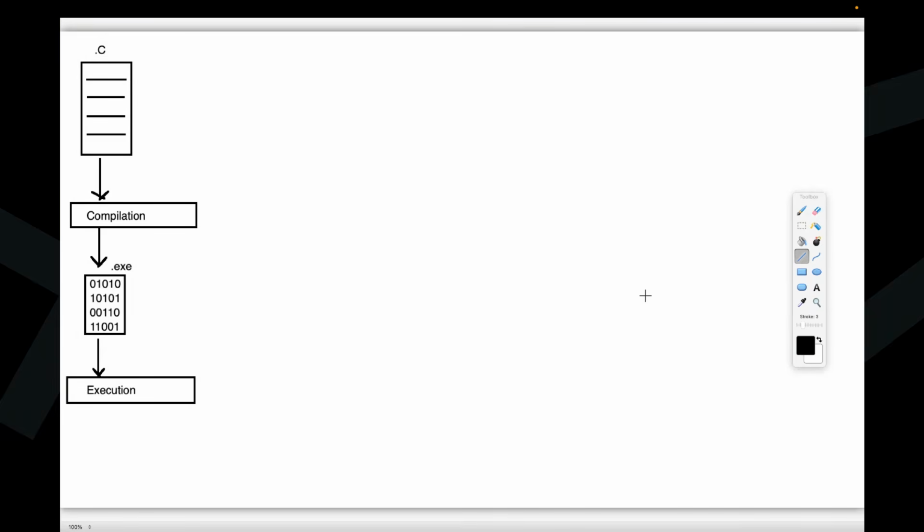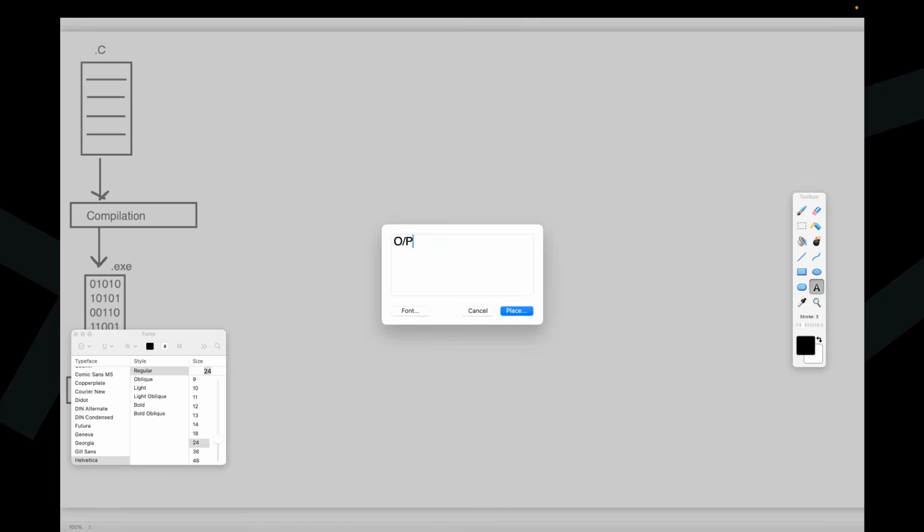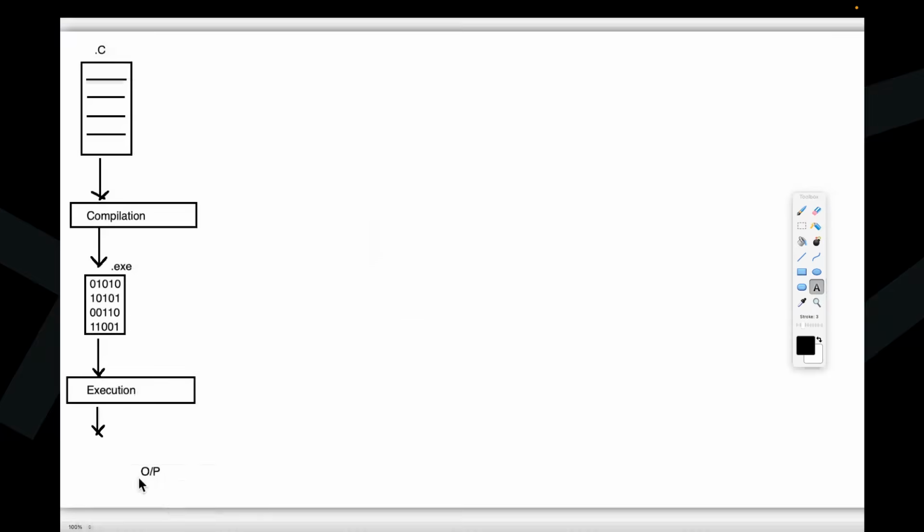Nice. When we execute the program, what are we able to get? Definitely we get some outputs, some output values. When we execute the program, we are able to get some outputs. Okay, fine. This is the process we have seen already.